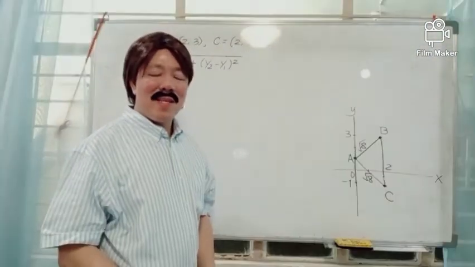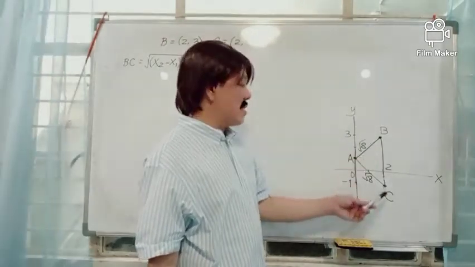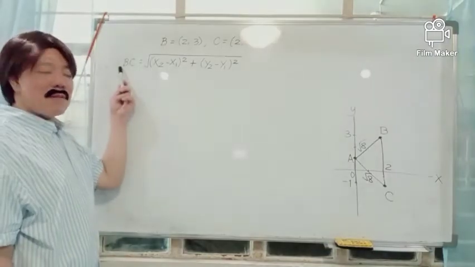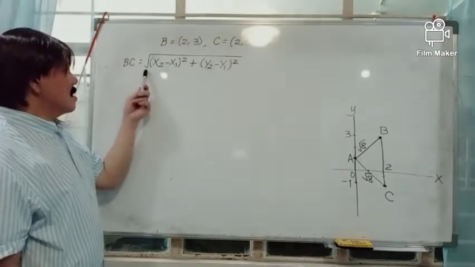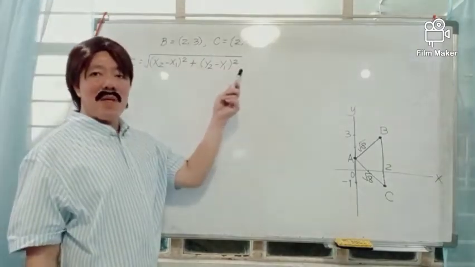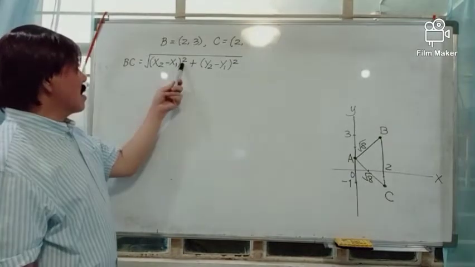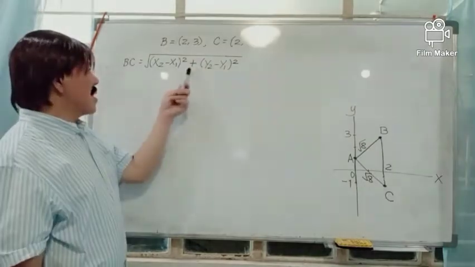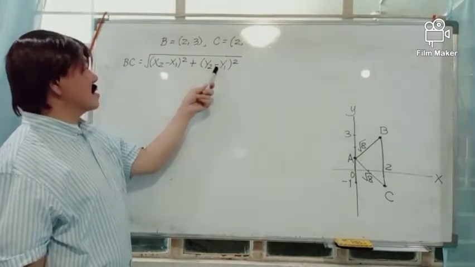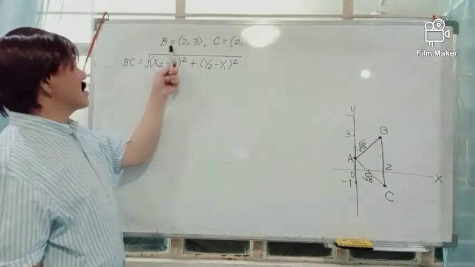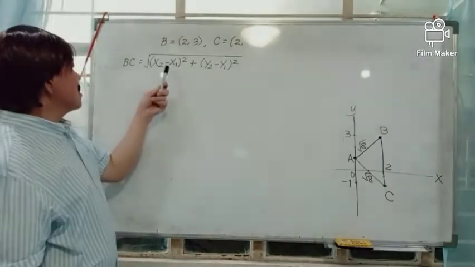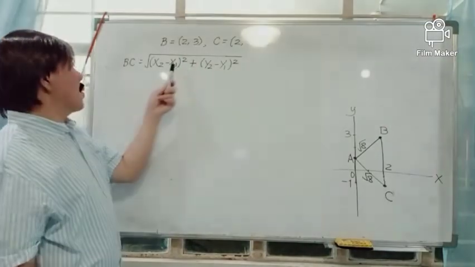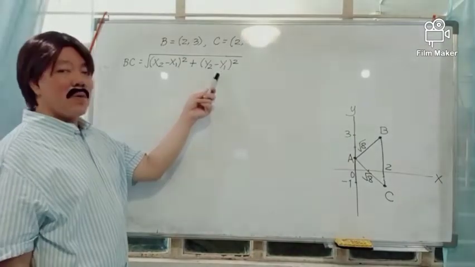We now compute the distance between the vertices B and C by the distance formula. The distance between the vertices B and C is the positive root, or the principal root, of the square of the difference of the abscissas of points B and C plus the square of the difference of the ordinates of the points B and C. We take the point B with coordinates 2, 3 as the point with coordinates x1, y1.